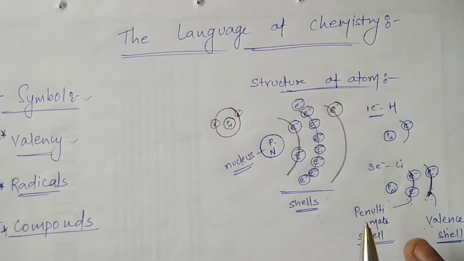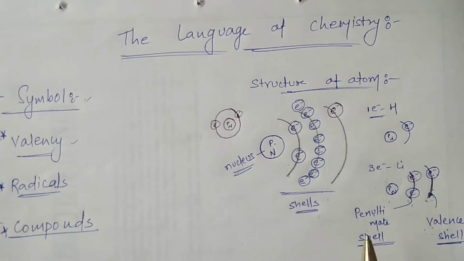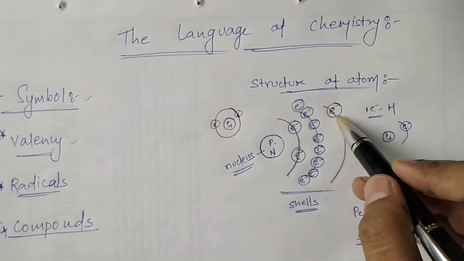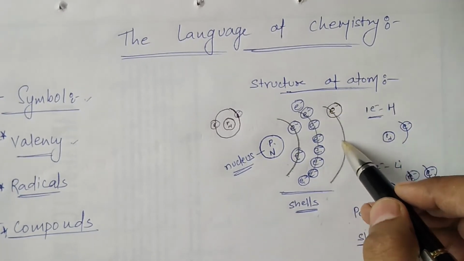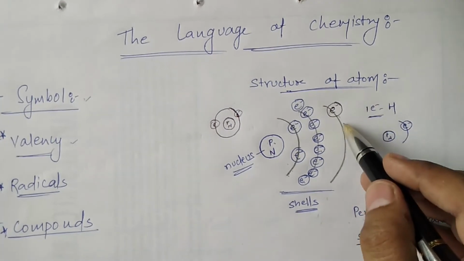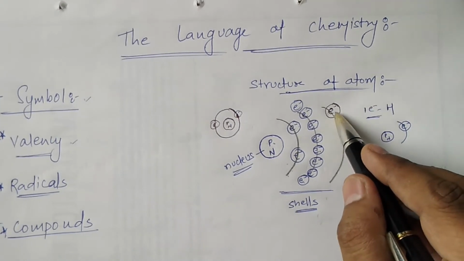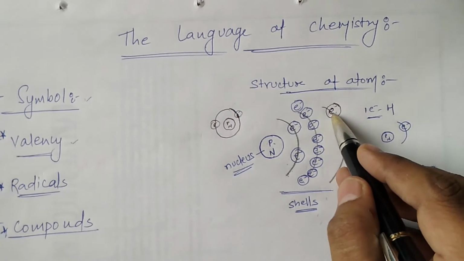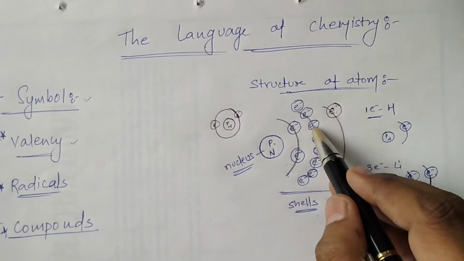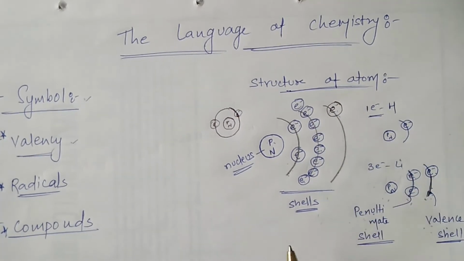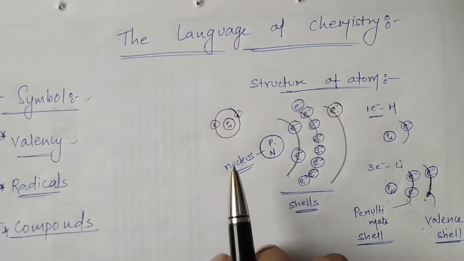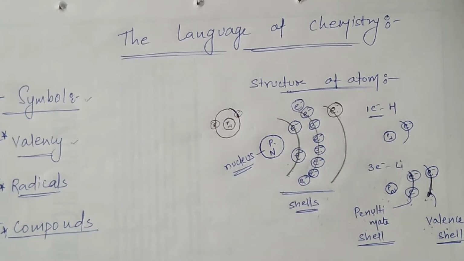So these are the two terminologies we need to understand very carefully. The last shell possessed with the electron is the valence shell, and the shell before that valence shell is called the penultimate shell. Is that clear?